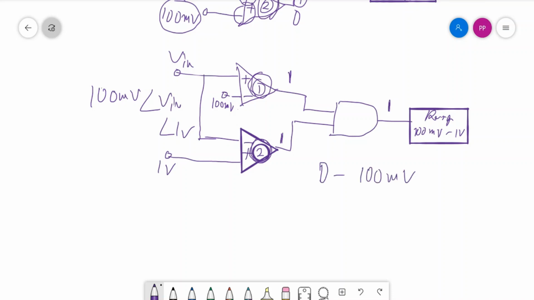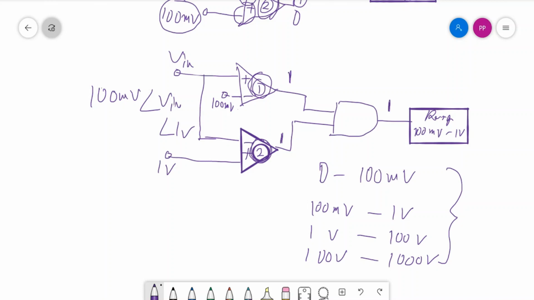Then we can have the range of 100 millivolt to 1 volt, then 1 volt to 100 volt, and from 100 volt to 1000 volt, because 1000 volt is the low level voltage measurement. So we can use the digital voltmeter up to 100 volts.